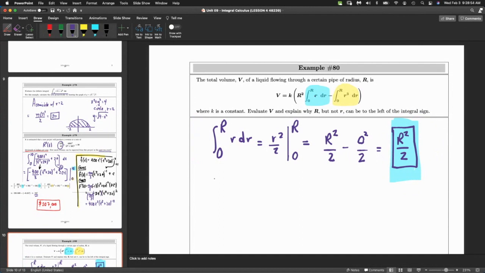Now let's do the yellow one. The yellow one looks a little bit scarier. We have the integral from 0 to R of r cubed dr. I really want you to see this. If you're doing any research later in your life, whether it's fluid mechanics, management, or economics, you might encounter some weird looking formula like that.